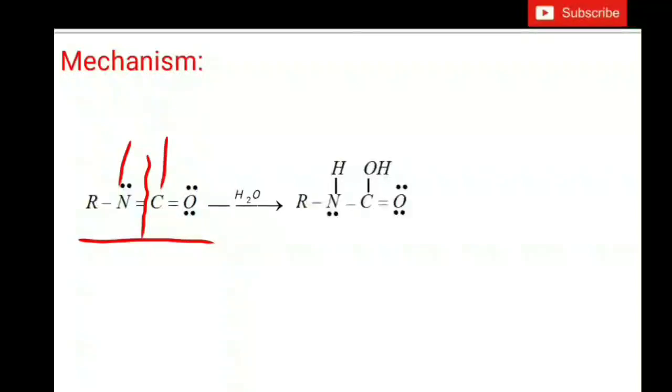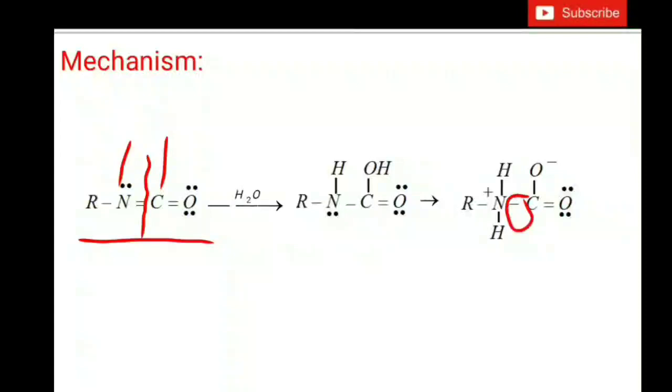So you will get a structure like this. In this you have an OH group bonded to carbon, which is acidic. If we have hydrogen atoms bonded to highly electronegative atoms, they are called active hydrogens, which are acidic in nature. So hydrogen in the OH group is acidic, and here nitrogen has a lone pair of electrons, so it can accept a proton. So it's a base.